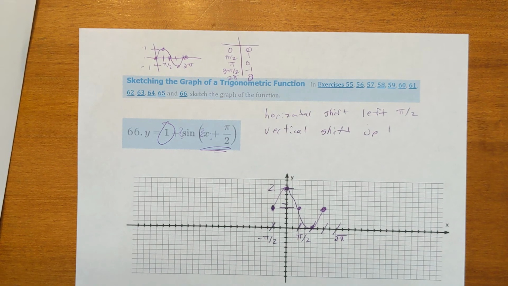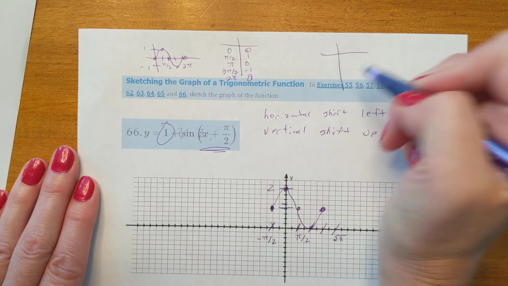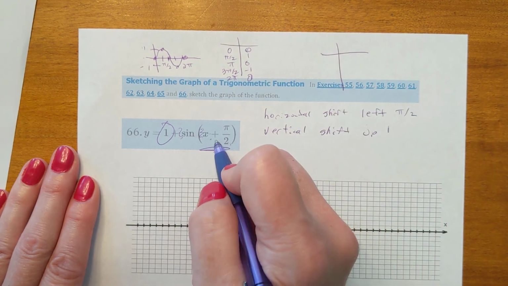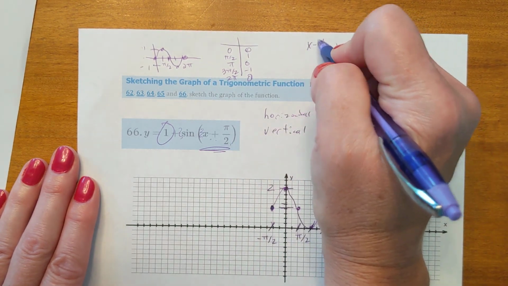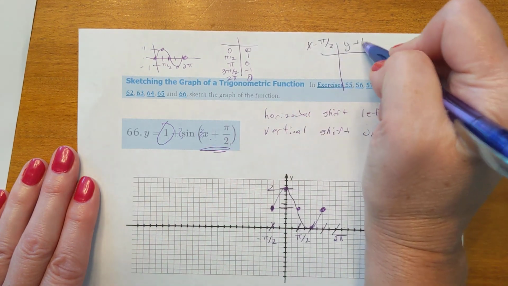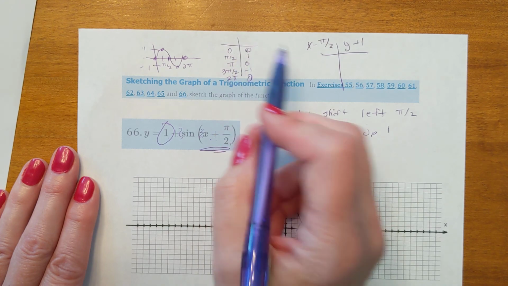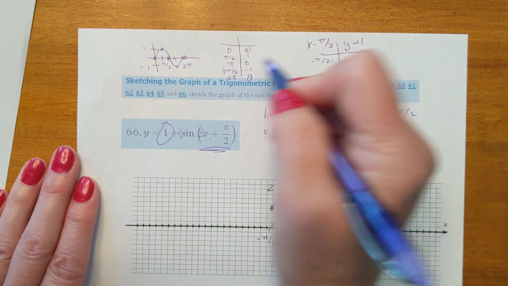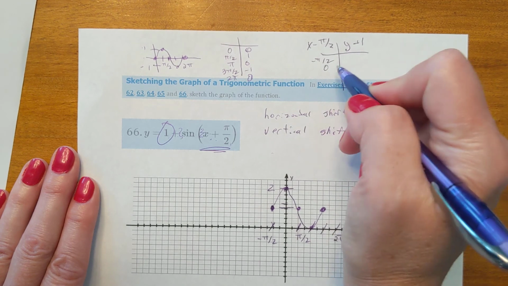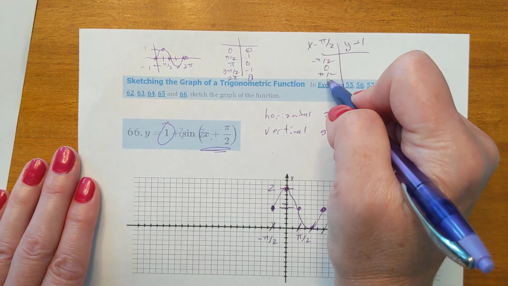So that's one way people do it. They have you eyeball it. Another way you can do it that I like doing, because it was plus pi over 2, all the x's were minus pi over 2. Because it's plus 1, all the y's are plus 1. So for all of these x's, you subtract pi over 2. So 0 minus pi over 2, pi over 2 minus pi over 2, and then that would make pi over 2, 2 pi.